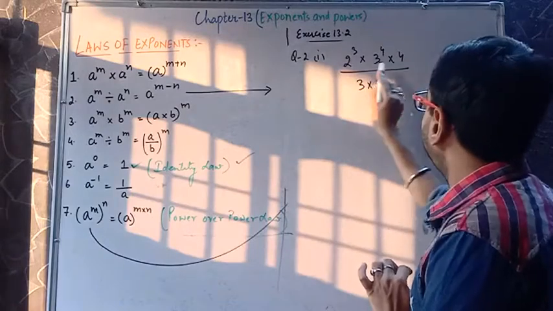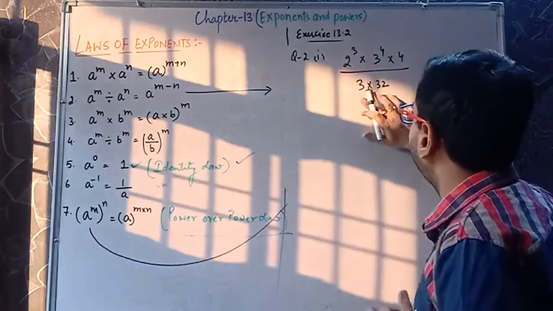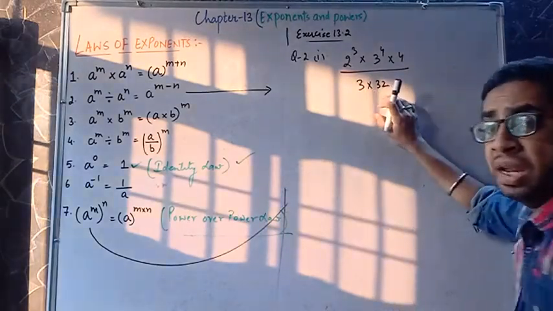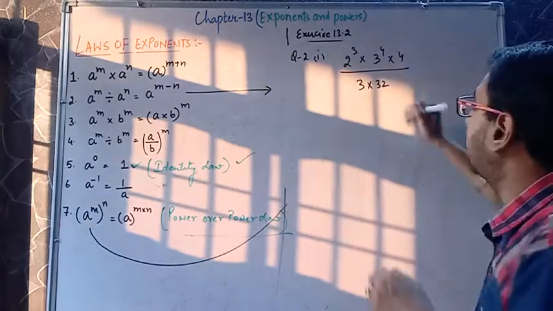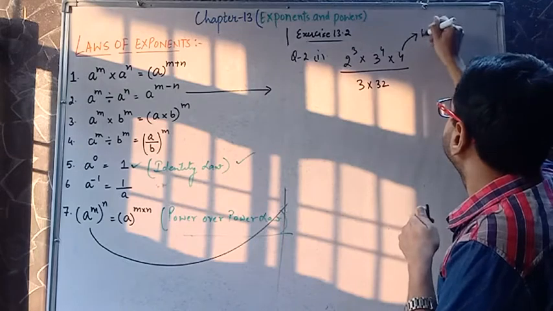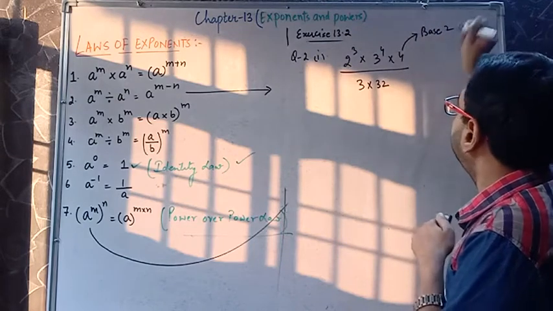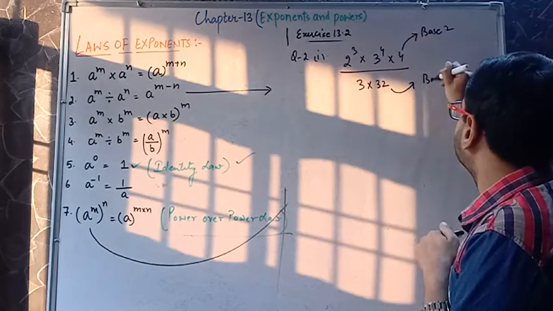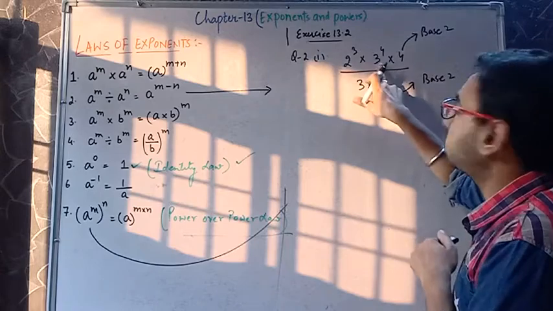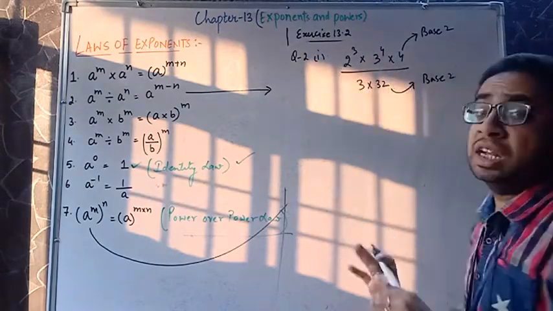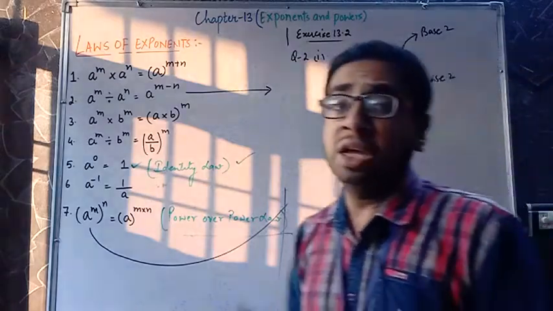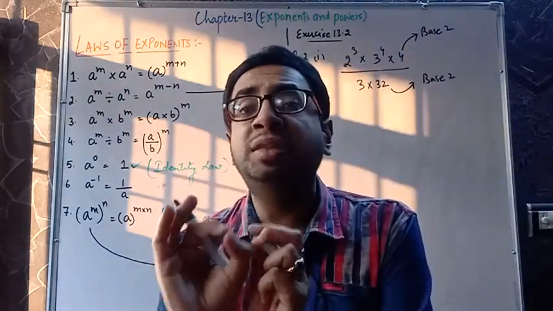Now, 2 and 3 we are getting, 4 we are getting, 3 we are getting, 32 we are getting. It means we have to convert 4 with the base 2 and even 32 with the base 2, because 3 is not a problem, but this is 2 and others are in different bases. So first thing we have to make the base same.